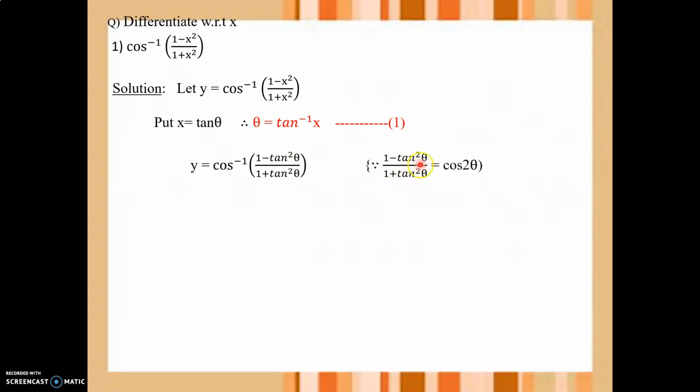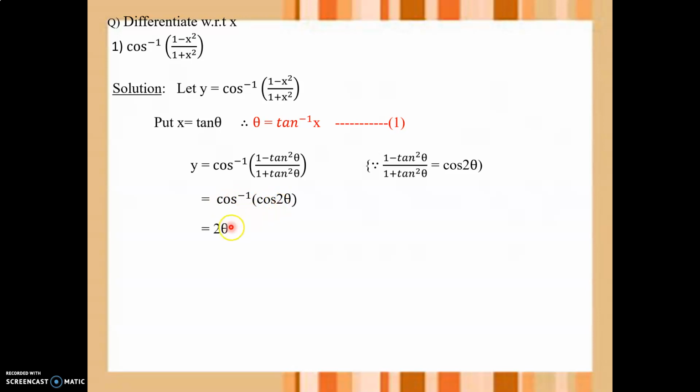And we know this formula: (1 minus tan square theta) upon (1 plus tan square theta) is equal to cos 2 theta. So the bracket term is changing to cos 2 theta. Now cos inverse and cos both will cancel. So in the next step you will get 2 theta.